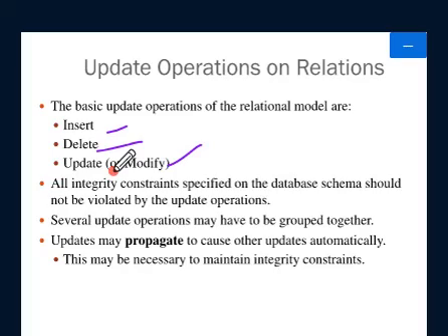So when I perform any insert, delete, or update operation, the valid state of the database must not be disturbed. The database should always be in a valid state. For example, what does an invalid state mean? Say I have defined a constraint on the attribute semester, saying that semester should be an integer value, and I put one more check constraint saying that the values entered for the semester should be between 1 to 8.